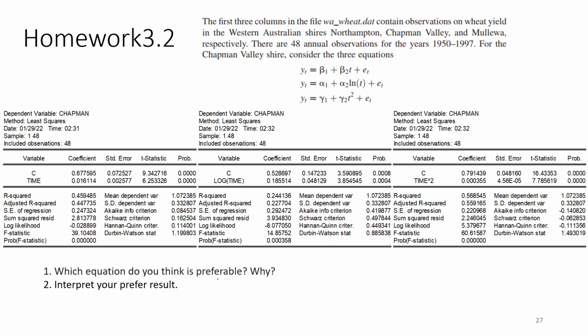To consider which model is better, we use R square, which means which one fits the data better. This printout has the highest R square among the three models, so we prefer printout three.